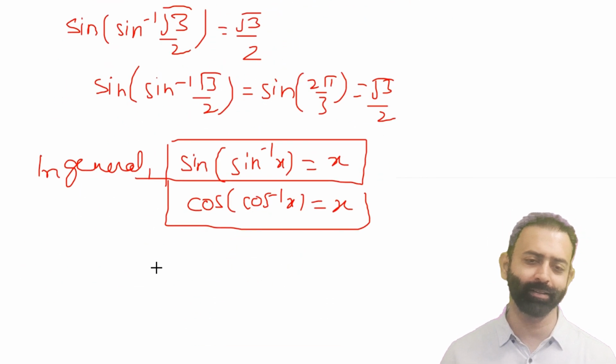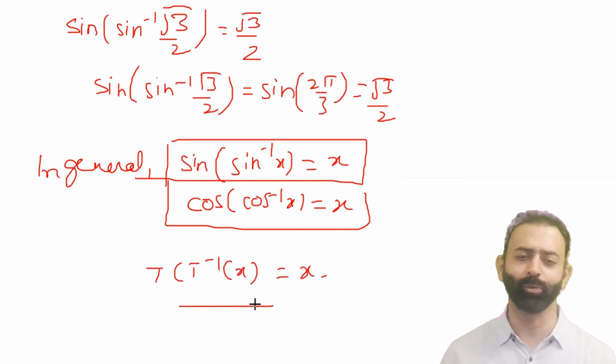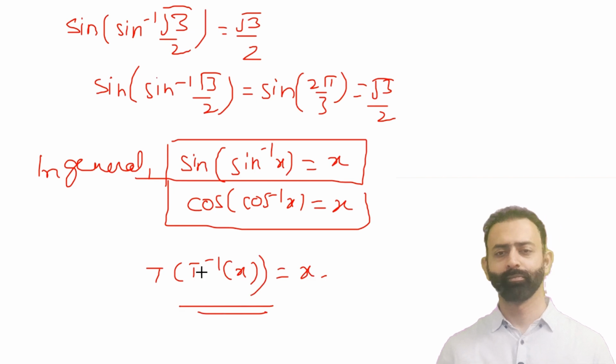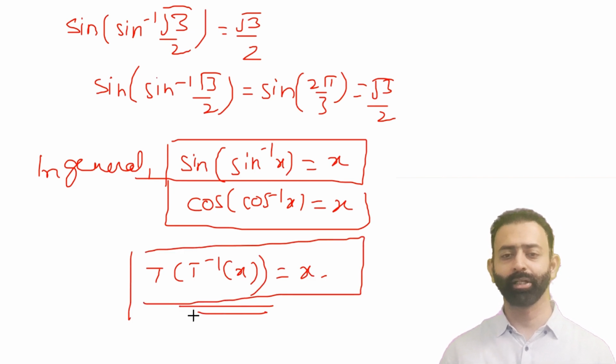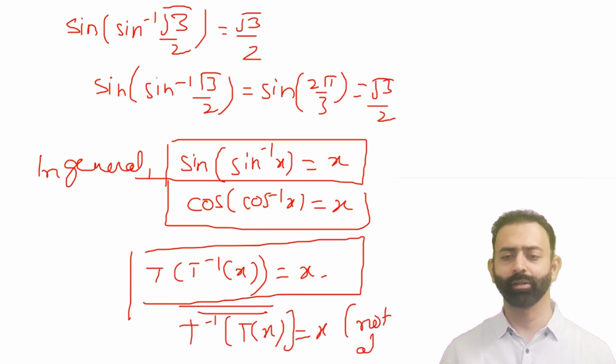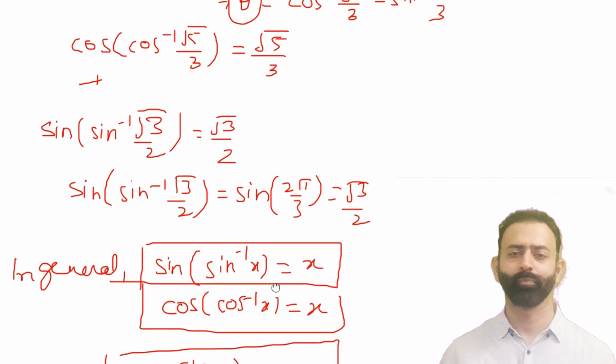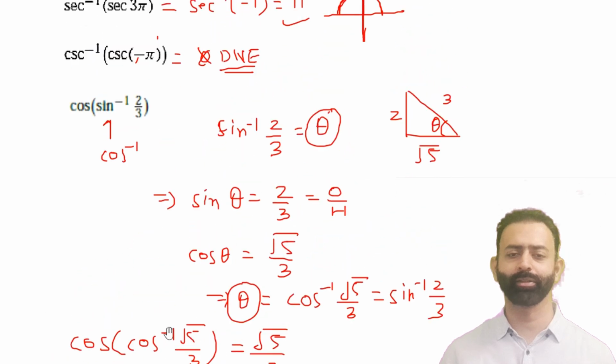So I should mention this as t of t inverse x is always equal to x. But t inverse of t x is equal to x, not always. I mean, then we need to play with the domain. Okay, so its answer is root 5 by 3.